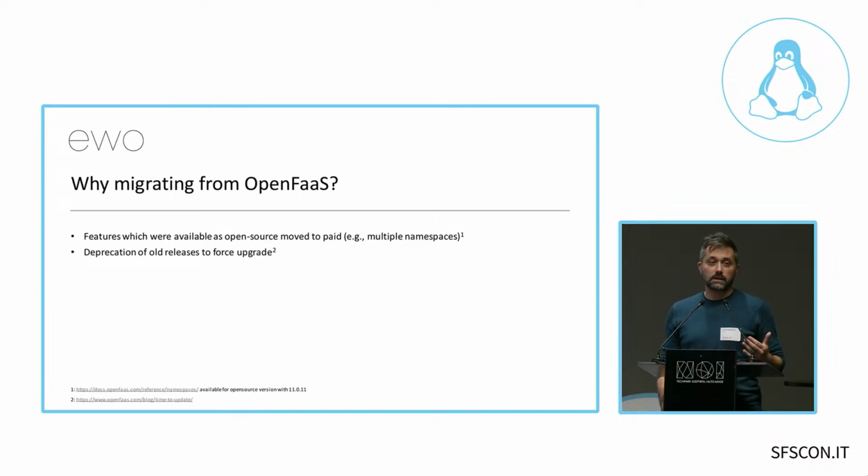And at some point, they decided to move this feature to another subscription plan that was not free anymore, and it was paid. And at the same time, they started to remove the old images from their Docker repository. Images that were older than 90 days were removed, so forcing you somehow to upgrade your system.